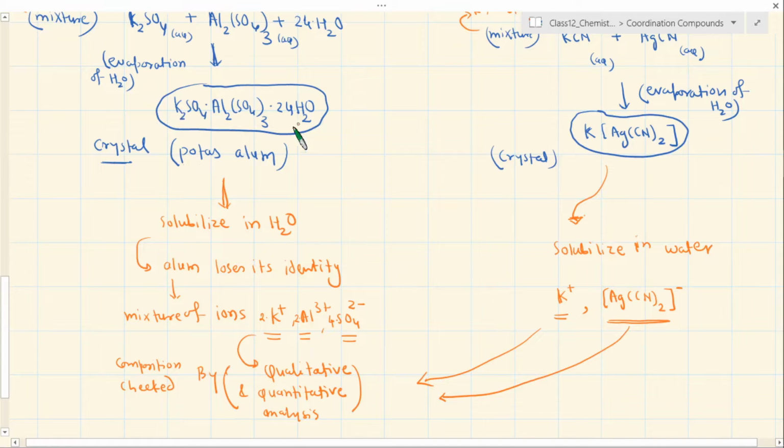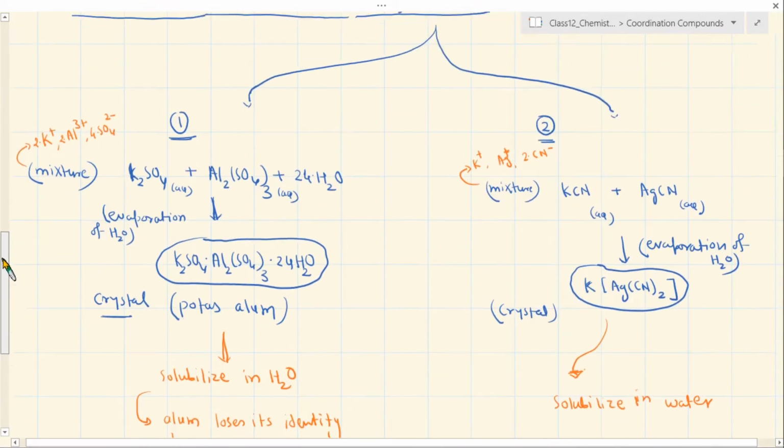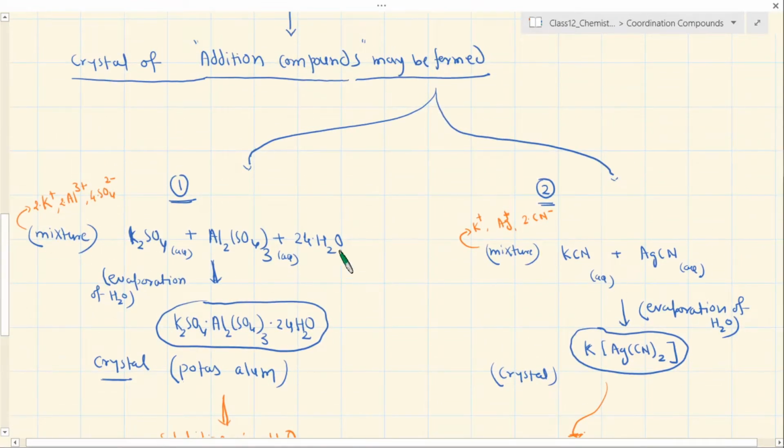That means in water it does not have its own property as such. It has the same property as if you are taking the mixture of potassium sulfate and aluminum sulfate, while in this case this substance has a completely different property than potassium cyanide alone and silver cyanide alone. That's the difference here. Both experiments were done in a similar manner. There must be something different happening here.